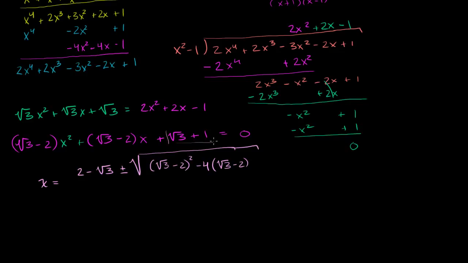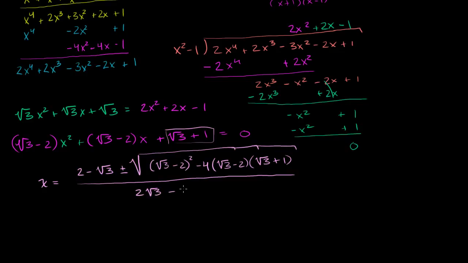Well, c is the entire constant term right over there. So it's times square root of 3 plus 1. All of that over 2a, so all of that over 2 root 3 minus 4.